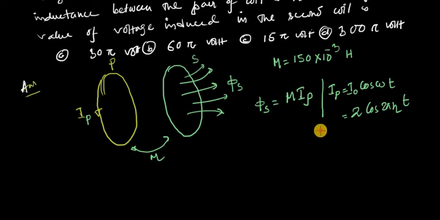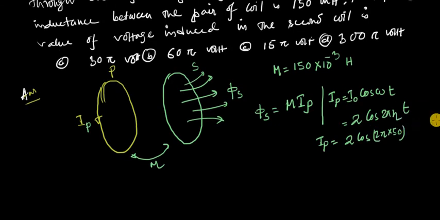Therefore IP becomes 2 cos 2 pi times 50t. So IP becomes 2 cos 100 pi t, in ampere.